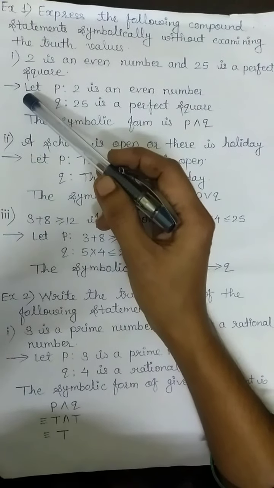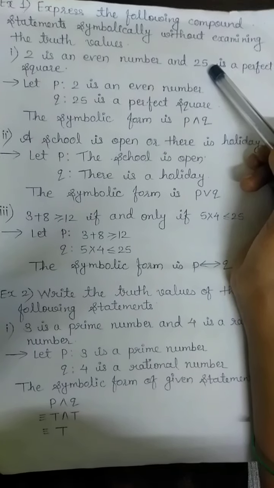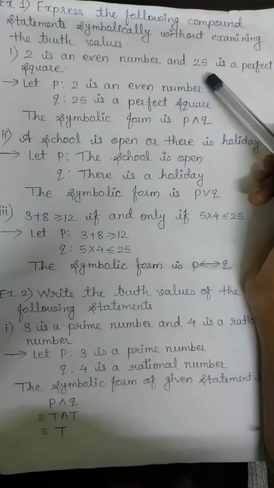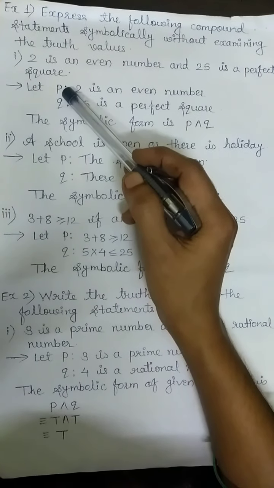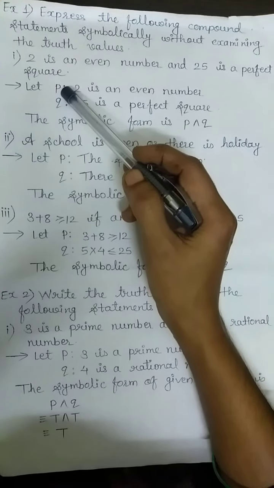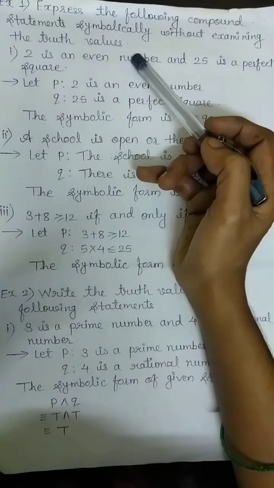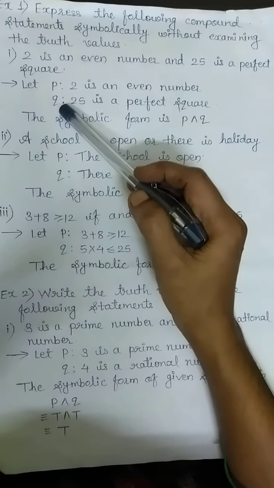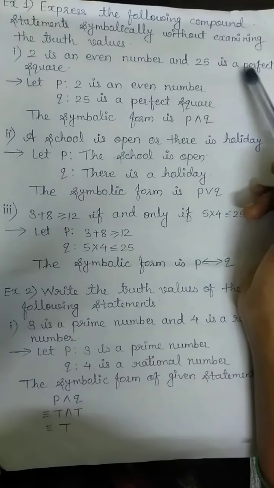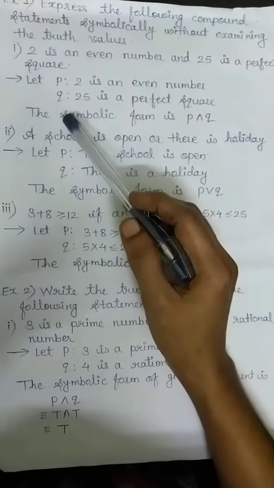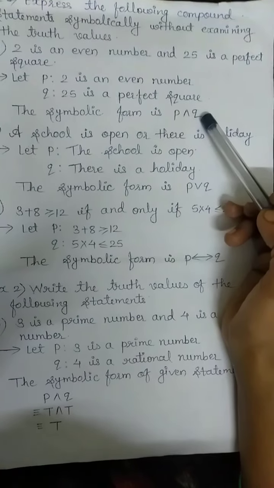Now first, we are going to write this compound statement in the form of simple statements. So P, as we consider the first simple statement, will be 2 is an even number, and Q, another simple statement, is 25 is a perfect square. Now the symbolic form is given by P and Q.